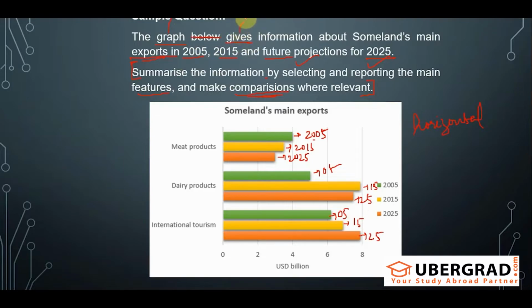Gives, instead of gives you can say shows, represents, illustrates, demonstrates, depicts. There are so many words that we can use, right? Information about some land's main exports. So the chart gives, instead of information, what can be used? Series.